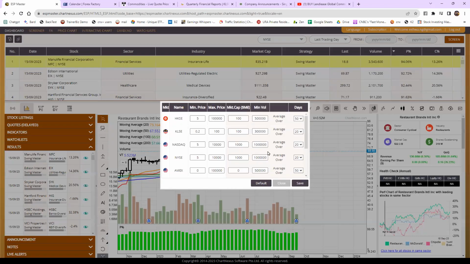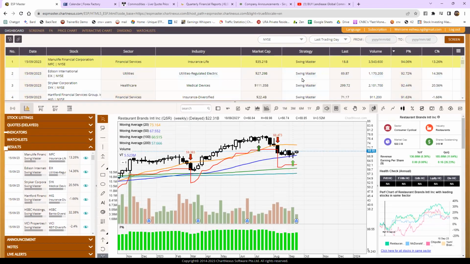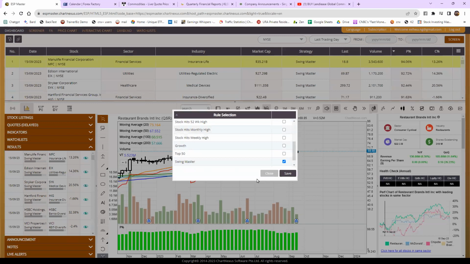After you select the strategy, swing master, you still have the others. Every week, I'll do a video on the respective strategy to show you. But generally, every day you want to do screening, you do V3. Swing master is only done on a Monday. You don't need to do this every day because we are looking at the weekly swing chart.